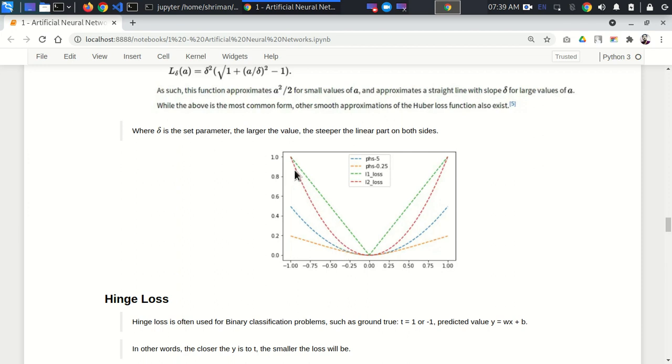Now this ball will try to roll blindly. It will not have any idea where it is going. It does not know where it has to go.